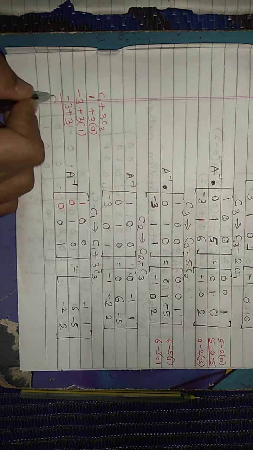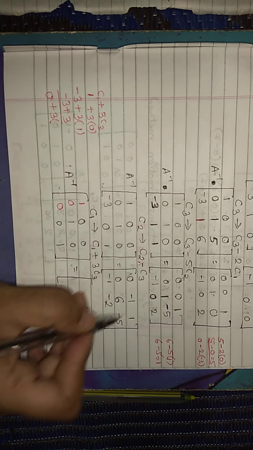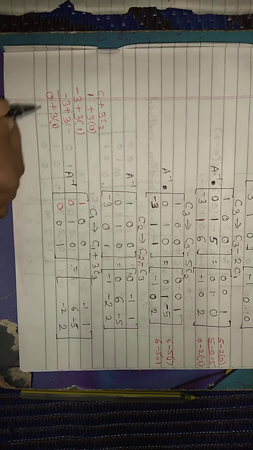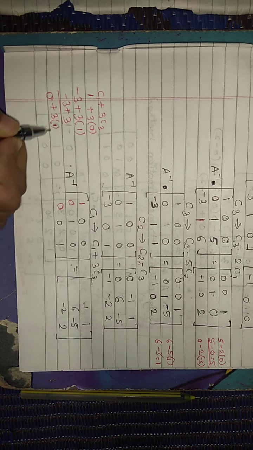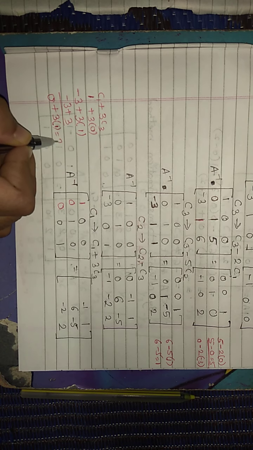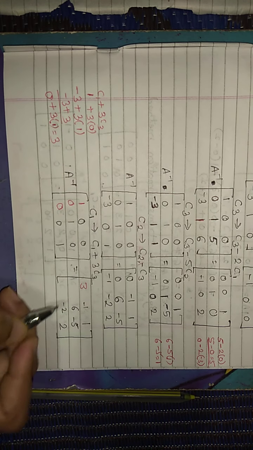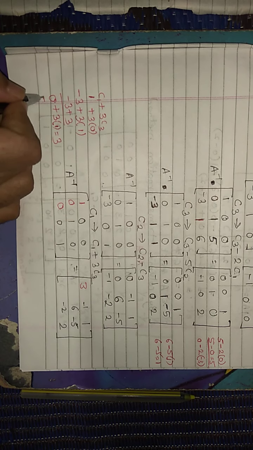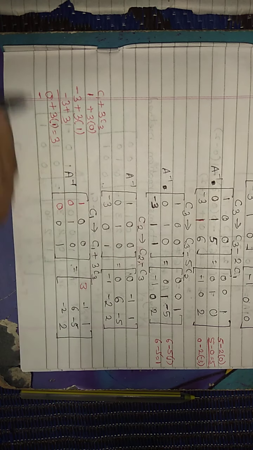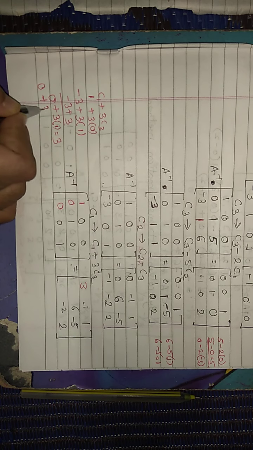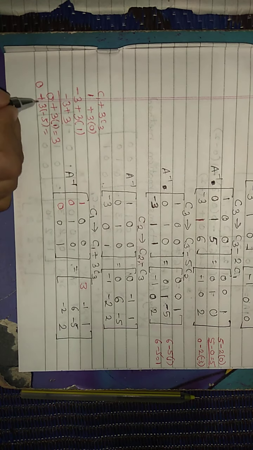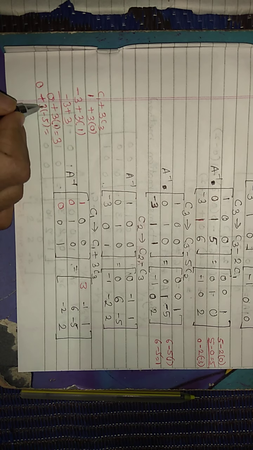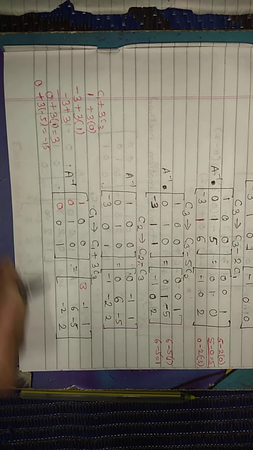First C1 0 plus 3 times C3 element as a 1. 0 plus 3 into 1, 3. 3 plus 0, 3. So we write here 3. Next number is minus 5 and 0. So 0 plus 3 into minus 5. 0 plus 5 3s are 15 and minus sign, minus 15.